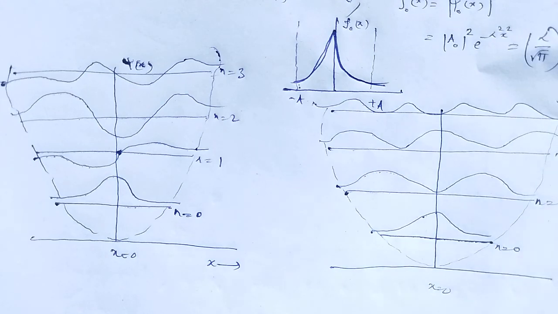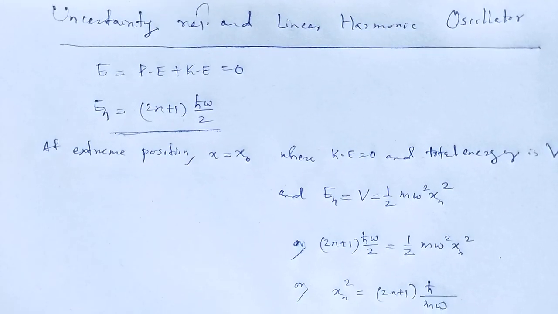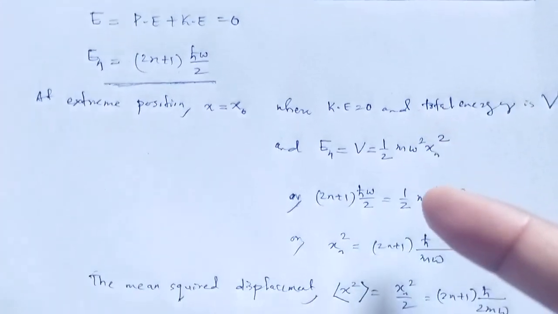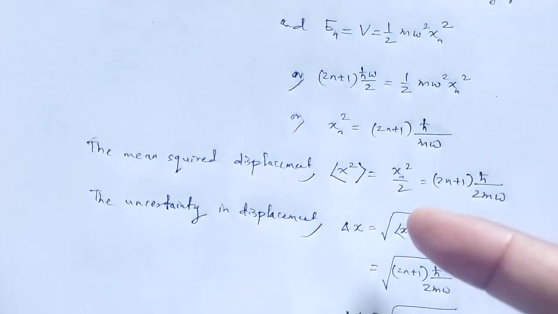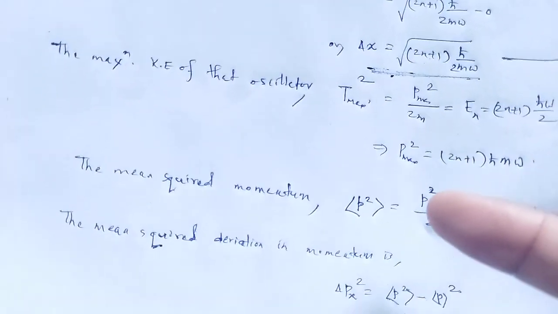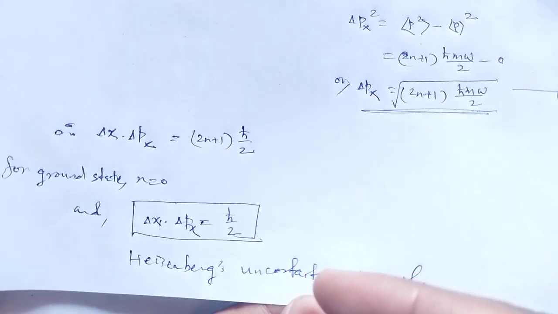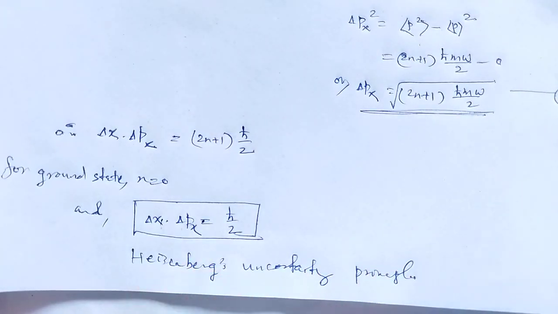And finally, the uncertainty relation in the linear harmonic oscillator. What is the relation between these two? We use a consistent manner to derive. Finally, we get the uncertainty in position and momentum, that is the Heisenberg's uncertainty principle, which is related to the linear harmonic oscillator in quantum mechanics.